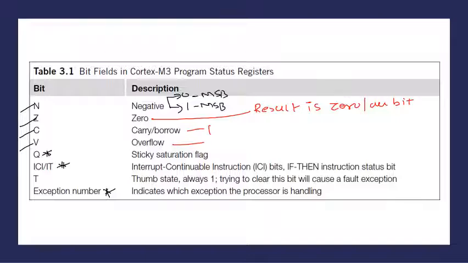Overflow flag. If you consider any processor or controller, right now what we have is the ARM Cortex-M3. It is a 32-bit register, that is bit number 0 to 31.